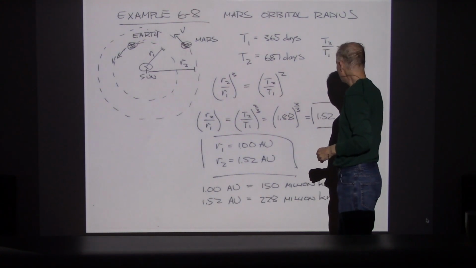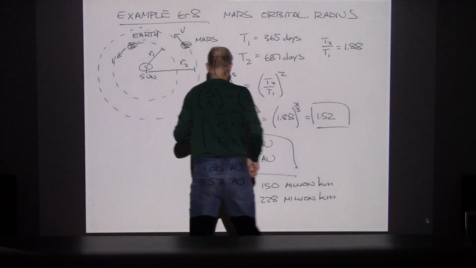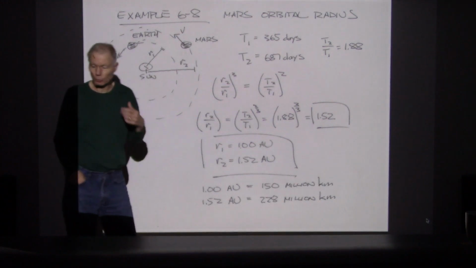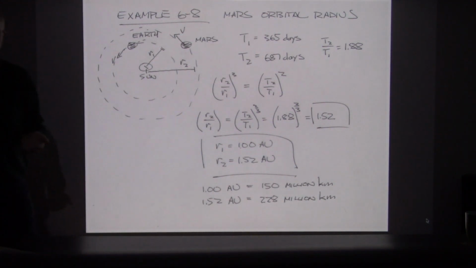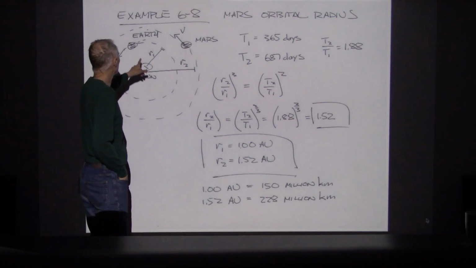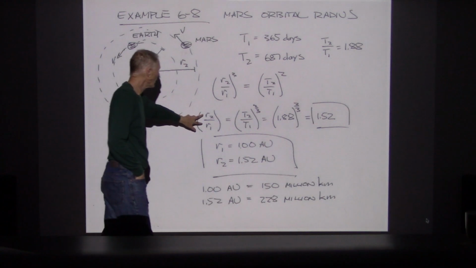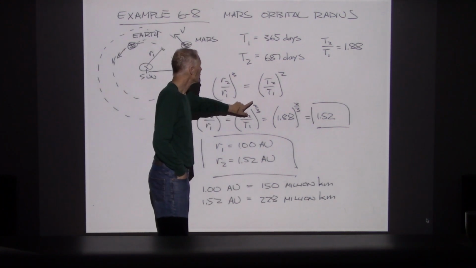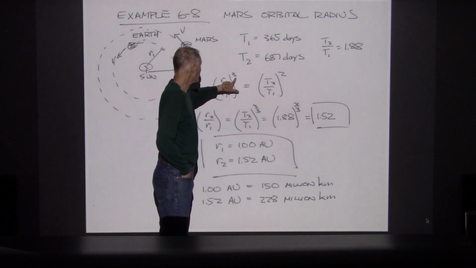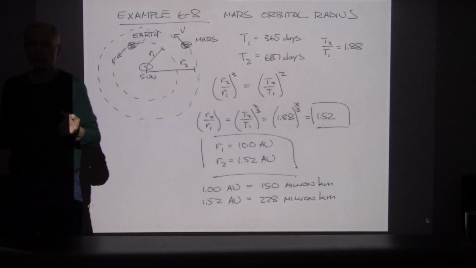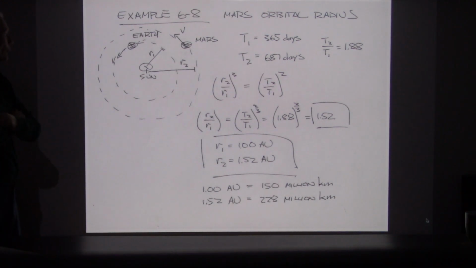And then we can solve for the ratio of the radiuses of the orbits. So the ratio of the radiuses of the orbital motion for Earth and for Mars is going to be given by T2 over T1 to the 2/3. So we'll take the cube root of each side, and that's going to give us a 2/3 power.